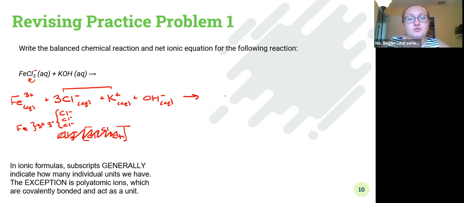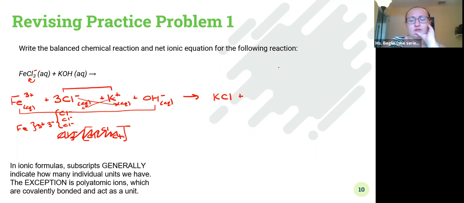I'm going to use my crisscross rule. So I'm going to combine my K and my Cl. So I get KCl because the charge on K is +1, the charge on Cl is -1. They cancel out just the way they are. Plus, I'm going to use double displacement to pair up my iron and my hydroxide.